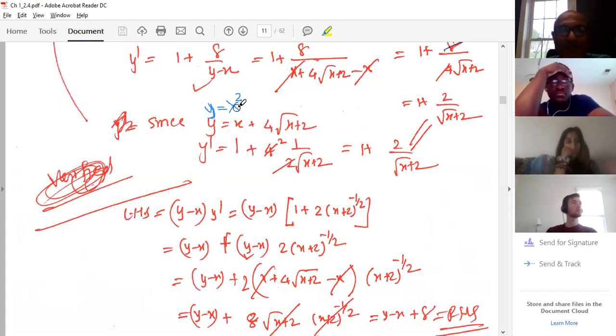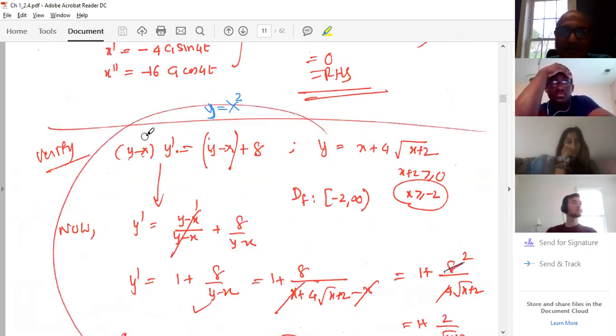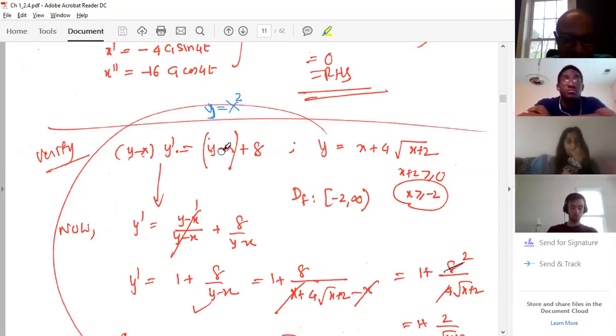Anyway, y minus x y dash equal to y dot minus x plus s. Y dot means dy by dx. This is the differential equation. This is the example given to you in your practice test again. y equal to x plus 4 square root of x plus 2. That is the solution of this differential equation.